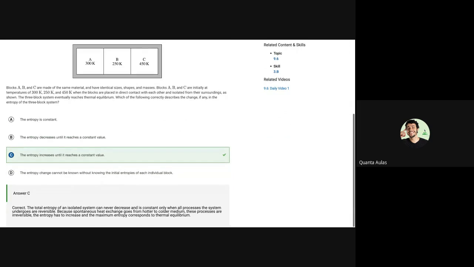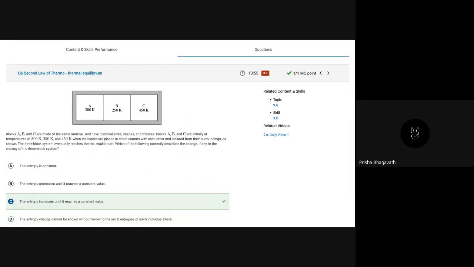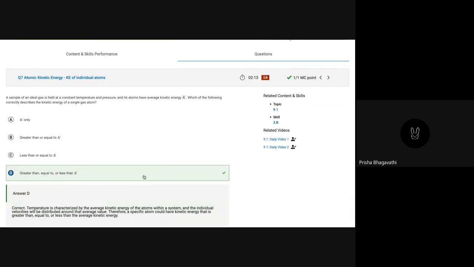And D, the entropy change cannot be known without knowing the initial entropies of each individual block. This is a more sophisticated answer, but it's wrong too, because by the second law, the entropy will increase regardless of the value of the initial entropies. So you are right about the entropy in this situation. The entropy always increases.